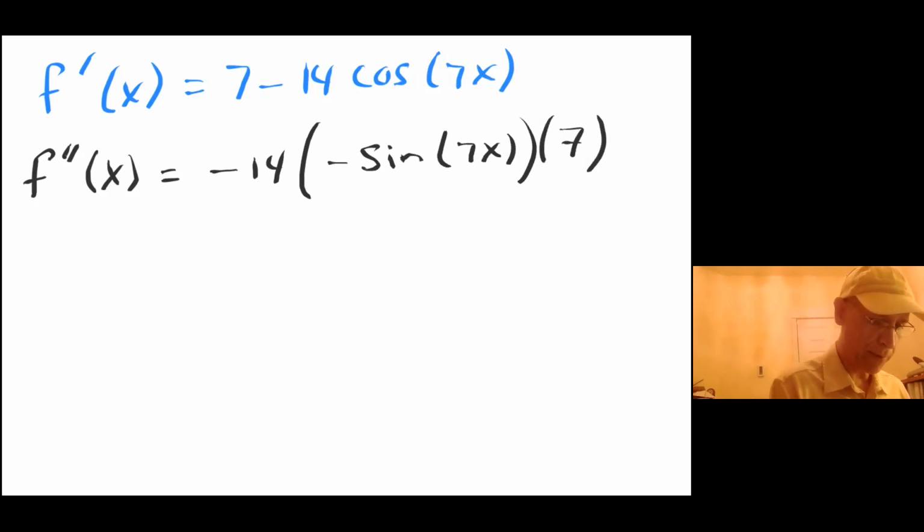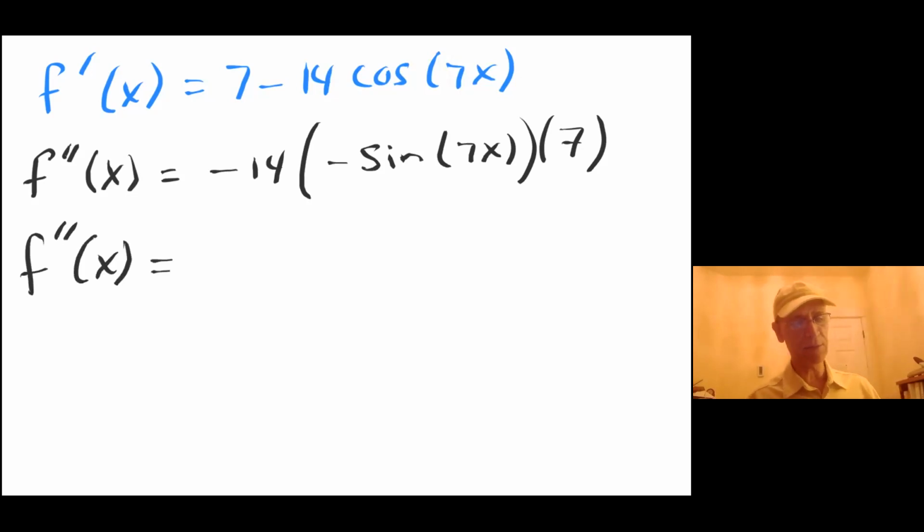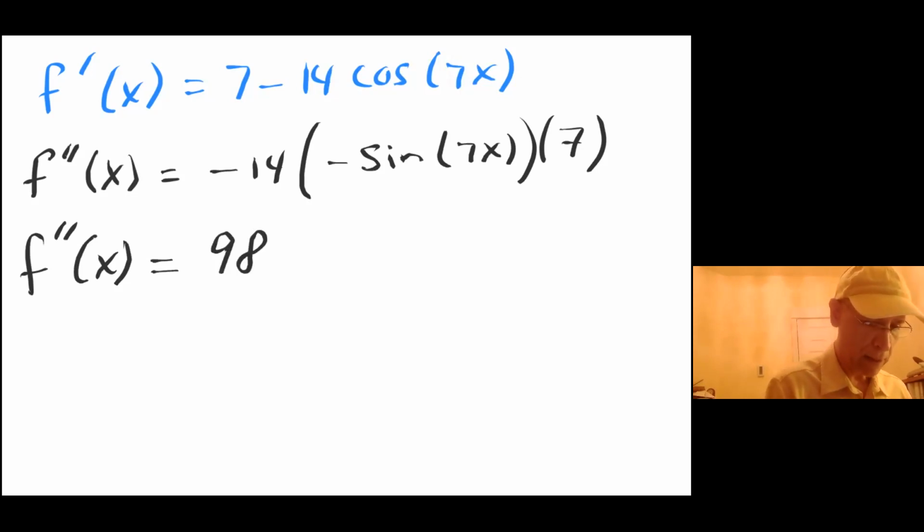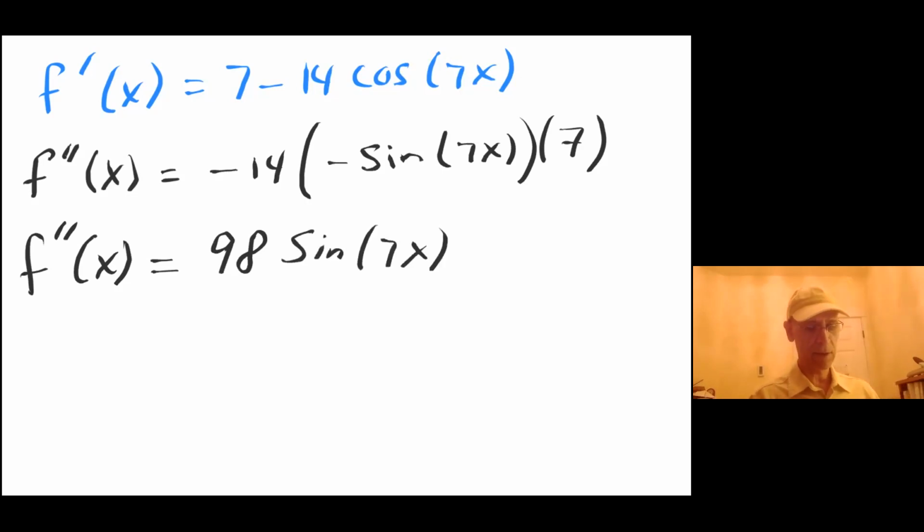So f double prime of x equals negative times negative is positive, 7 times 14 is 98, sine of 7x.